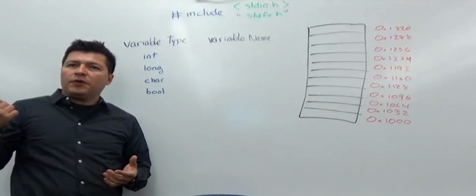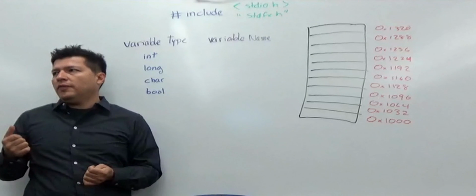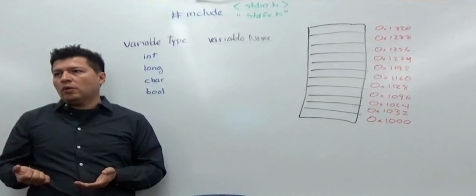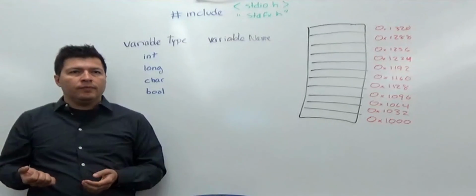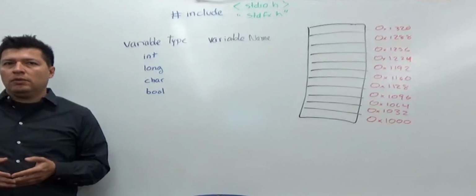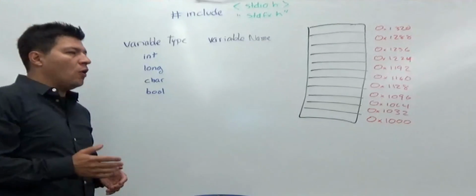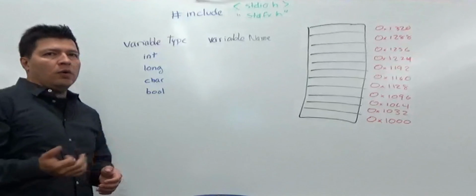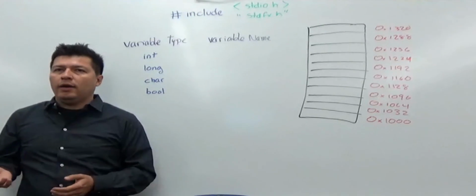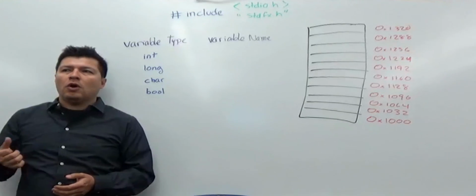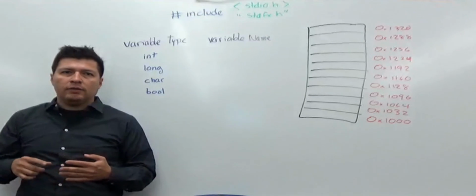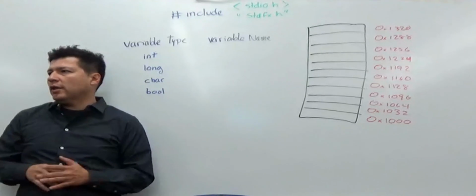The first character of the name has to be a letter or underscore. So you cannot start a variable with a number. So it has to be underscore or a letter followed, if you need, by letters, numbers, or underscores only. You cannot have spaces, you cannot have dots, commas, hashtags, nothing.